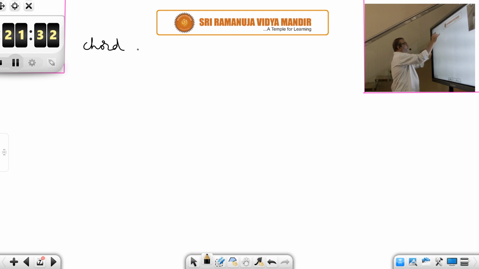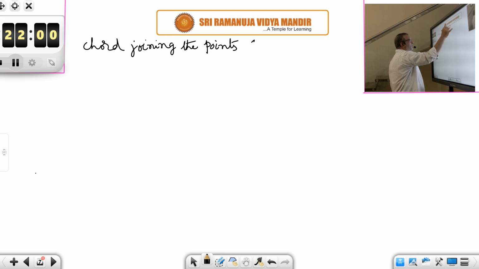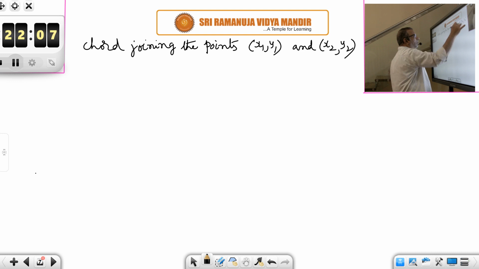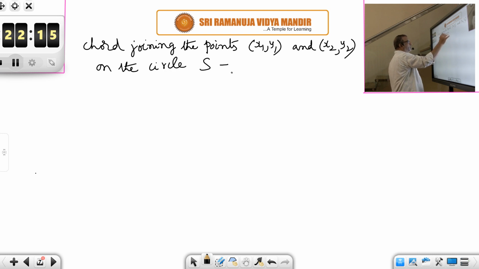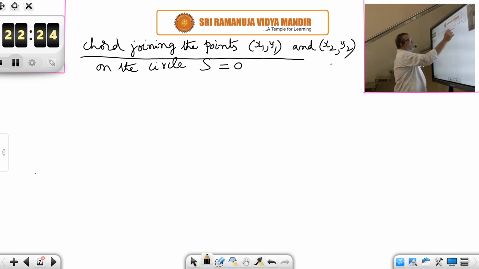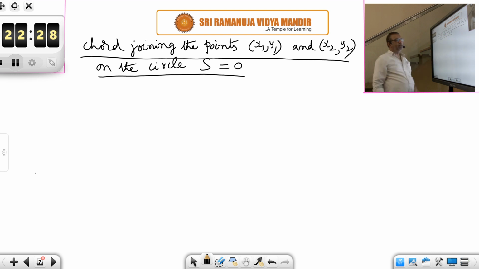Chord joining the points x1 y1 and x2 y2 on the circle S is equal to 0.